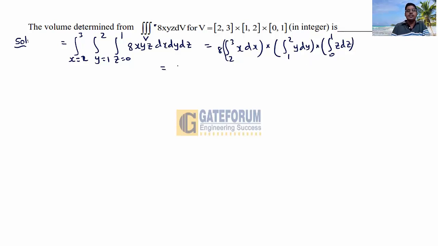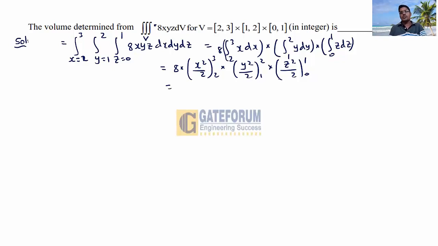So this is 8 times x square by 2 between the limits 2 to 3, into y square by 2 between the limits 1 to 2, into z square by 2 between the limits 0 to 1. In the denominator all the 2's, 2 into 2 into 2, cancel with this 8.